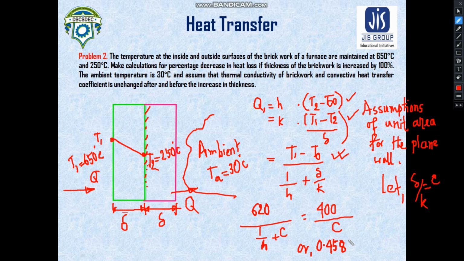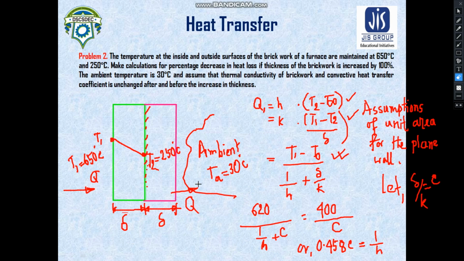I am not doing the calculation, obviously you will do it by yourself. So 0.458 C is equal to 1 by H. This is the finding of this equation. Let us keep this relation because it will help us afterwards.